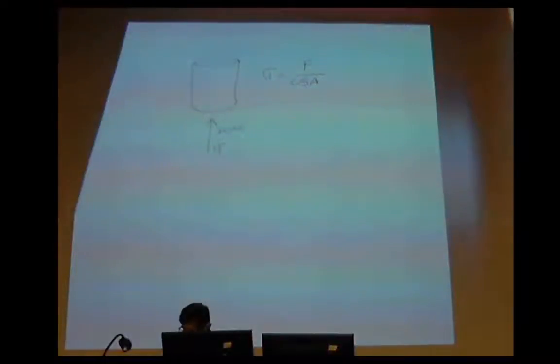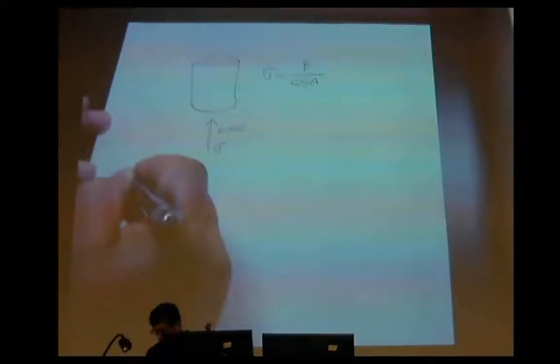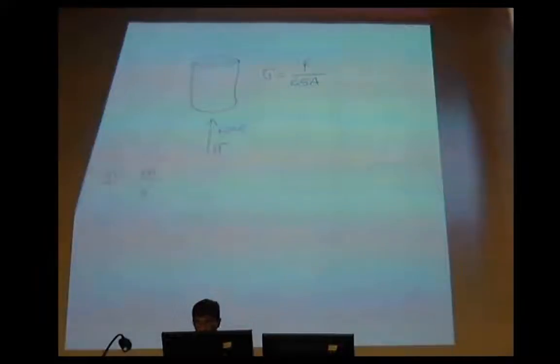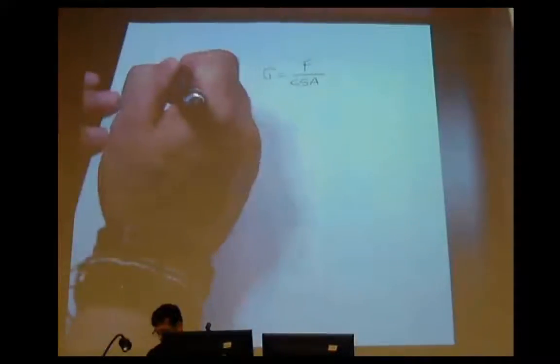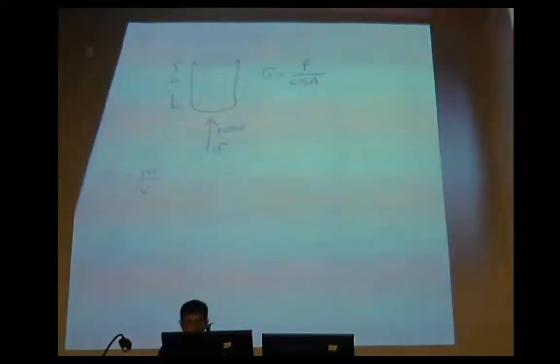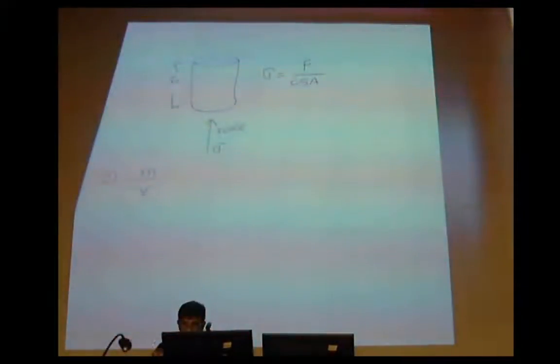So what can we do with this? Say we know the density of this object. Density will be equal to its mass divided by its volume, of that object that has a CSA, cross-sectional area, and an L0 resting length.